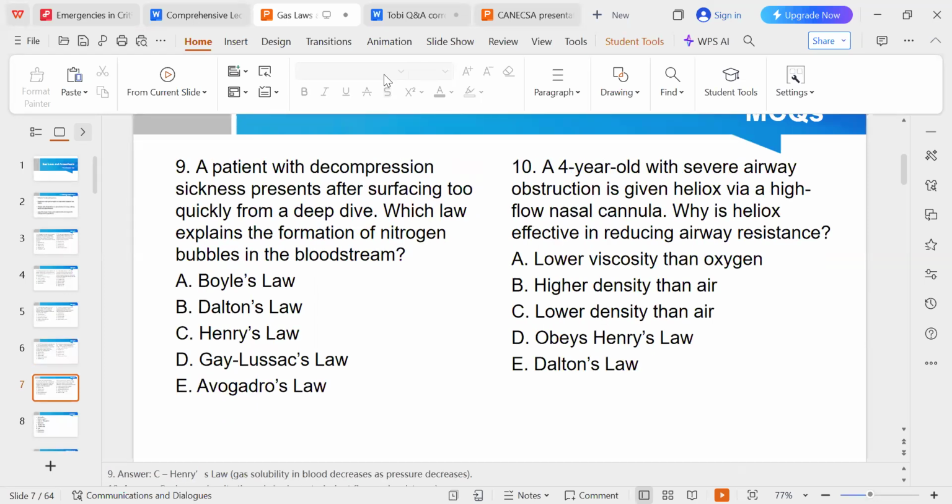Last 2 questions. A patient with decompression sickness presents after surfacing too quickly from a deep dive. Which law explains the formation of nitrogen bubbles in the bloodstream? It is still Boyle's law. No, not Boyle's law.